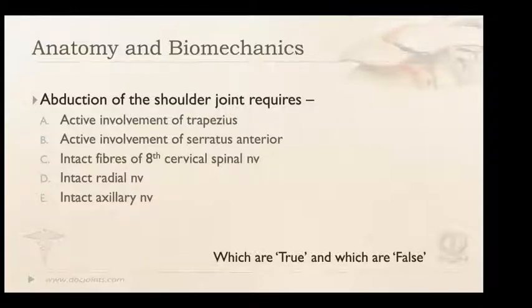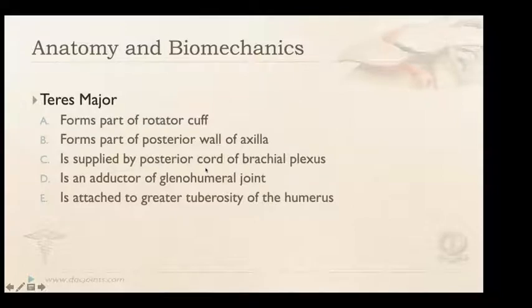Shall I give the answers? The C and D are wrong. Radial nerve is not required, and eighth cervical spinal nerve does not supply an active abductor of the shoulder joint. All right. So I put in a few questions, few tests, few X-rays, and some case scenarios.